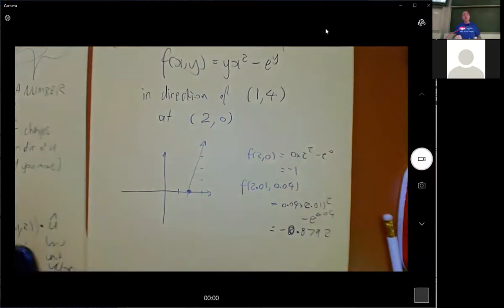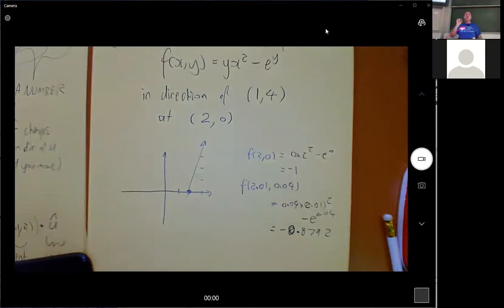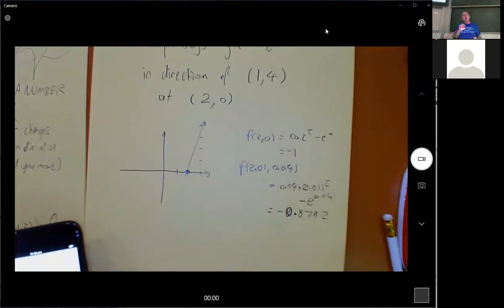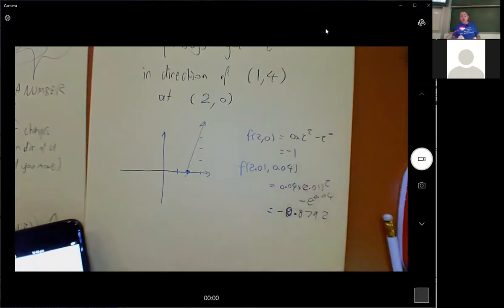So I know if I go in that direction, it's gone up a little. It was -1 and now it's -0.8. It's a little bit higher. So I'm expecting my directional derivative to be positive because when I go in that direction, it increases. And the directional derivative will be the amount that f changes by divided by the distance that I moved. That's what it's going to be.